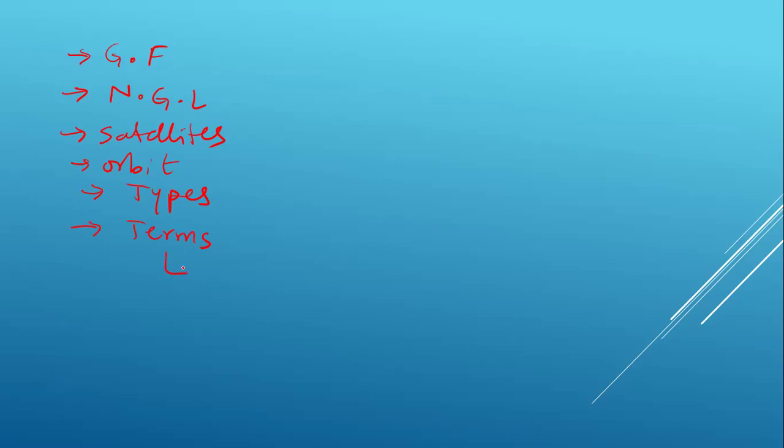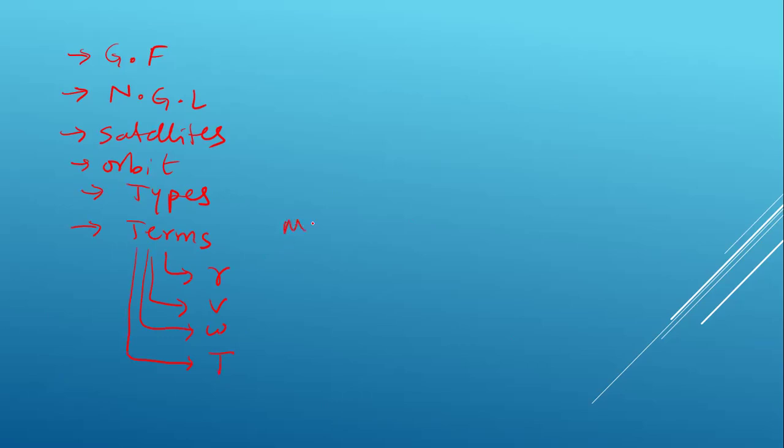Today we have studied gravitational force. We have studied Newton's gravitational law. And then we have studied satellites: what is a satellite, what is an orbit, what are the types of satellites, geostationary and polar. And then we studied the terms: the first term was the orbital radius, then the orbital velocity, then the angular velocity, and then the time period.